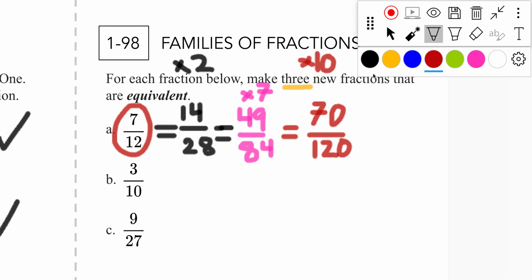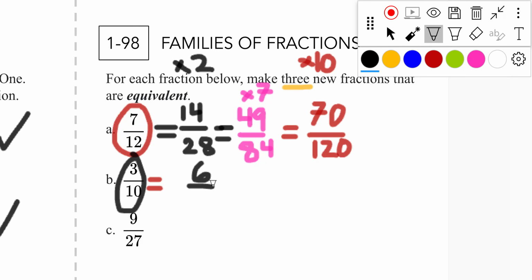Okay. Next up is going to be letter B. Letter B says write 3/10 as other types of fractions. So I'm going to only show you one here. Or should I do multiple? Let's do the times 2 and the times 10. If I double these numbers, 3/10 times 2, I will get 6 over what?